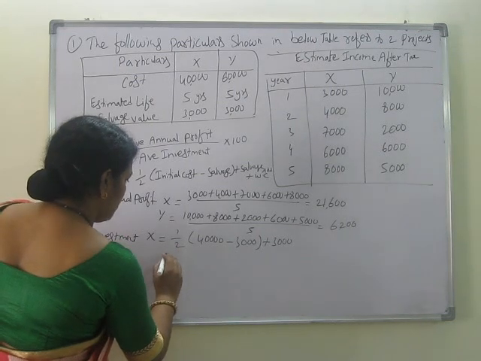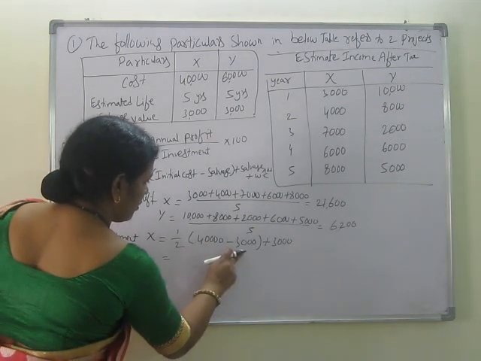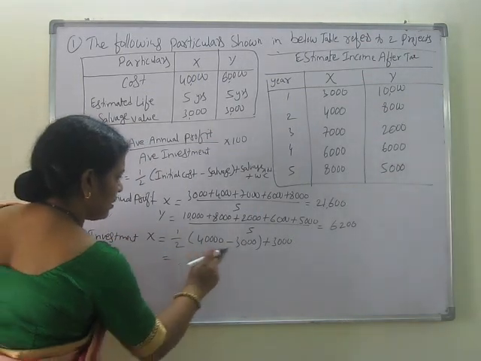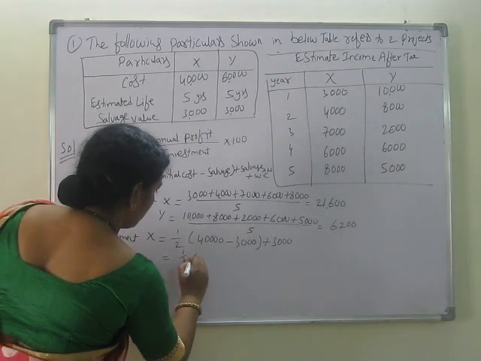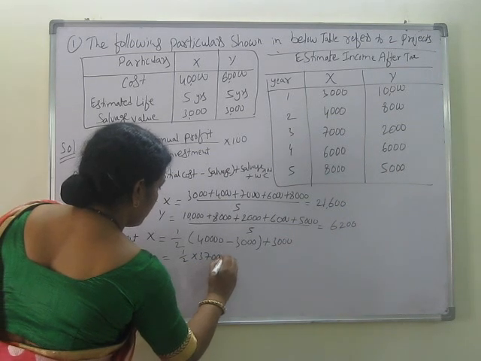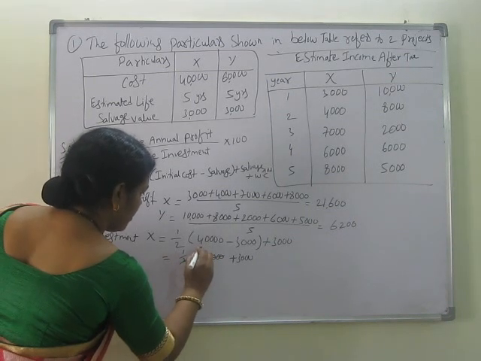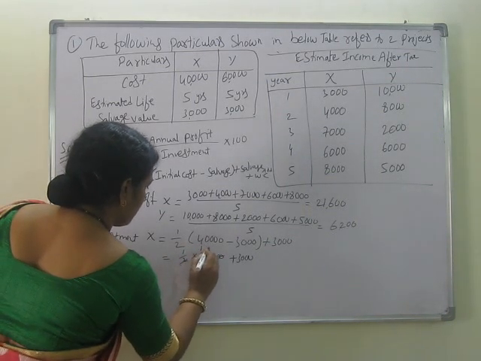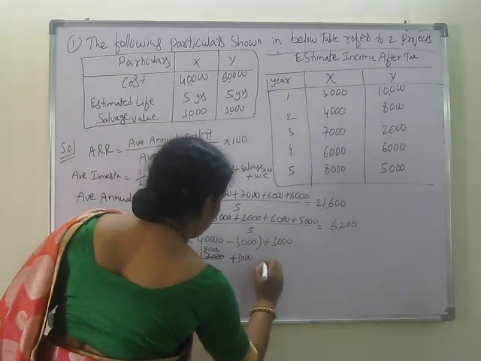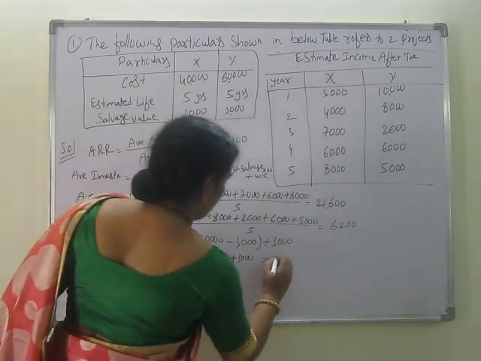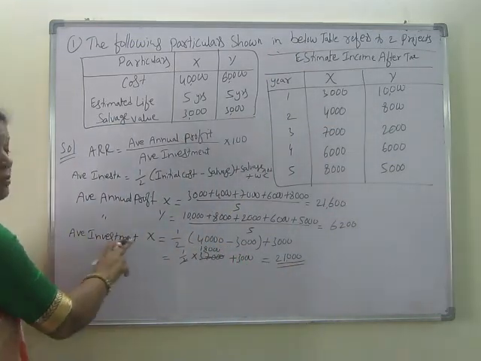So this comes to 1/2 into 40,000 minus 3,000, that is 37,000, plus 3,000. So 1/2 into 37,000 plus 3,000. Half of 37,000 is 18,500, plus 3,000, so it comes to 21,500. 21,500 is the average investment of X.